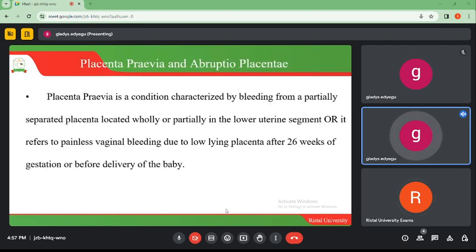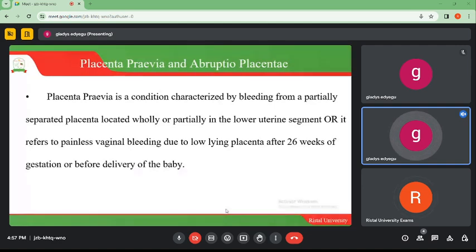Placenta previa and abruptio placenta. Placenta previa is a condition characterized by bleeding from a partially separated placenta that is located either wholly or partially in the lower uterine segment. It refers to painless vaginal bleeding due to a low-lying placenta after 26 weeks of gestation or before delivery of the baby.